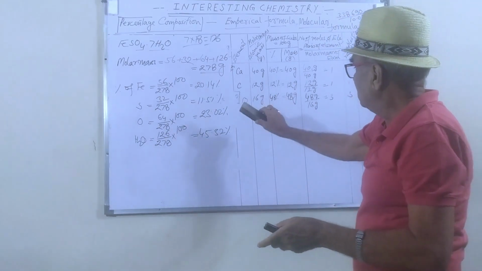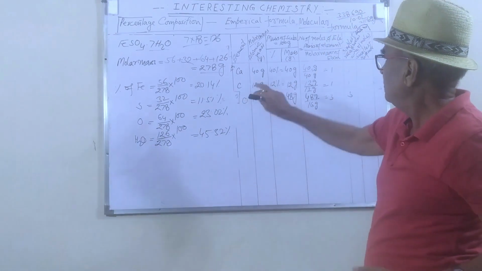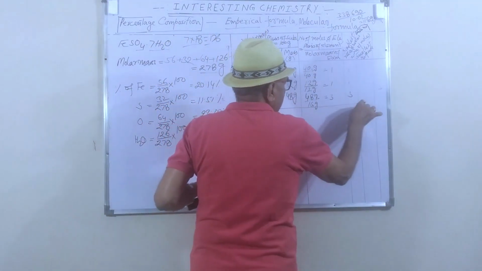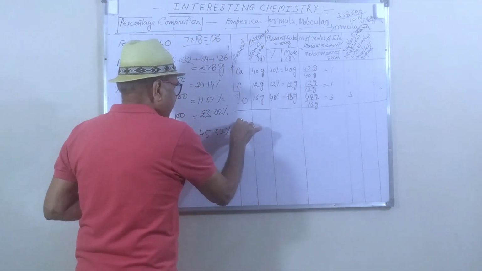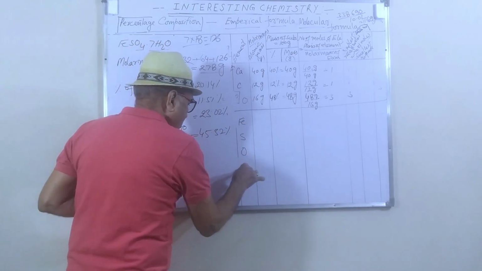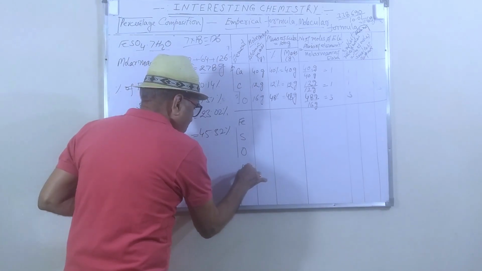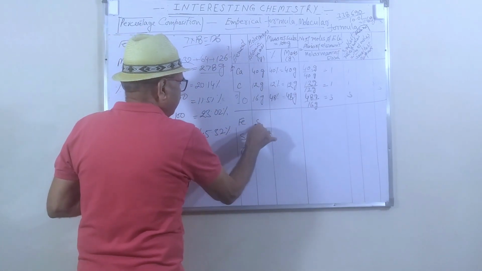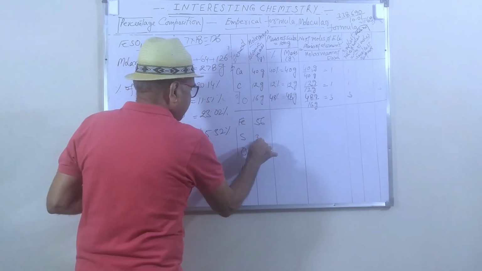Again, with the help of this table, you will get the molecular formula. So you will write here Fe, S, O, and H2O.